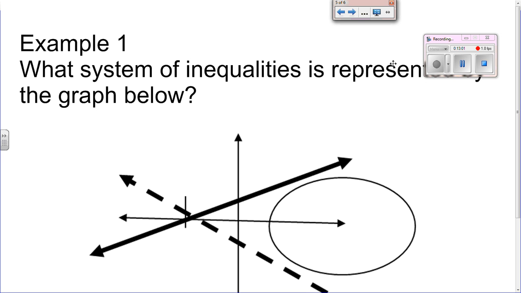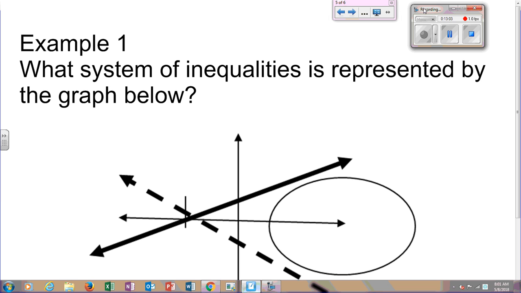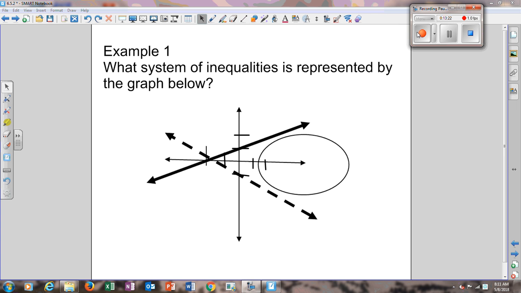Example 1. What system of inequalities is represented by the graph below? So when we look at the solid line, it starts at 1, right?